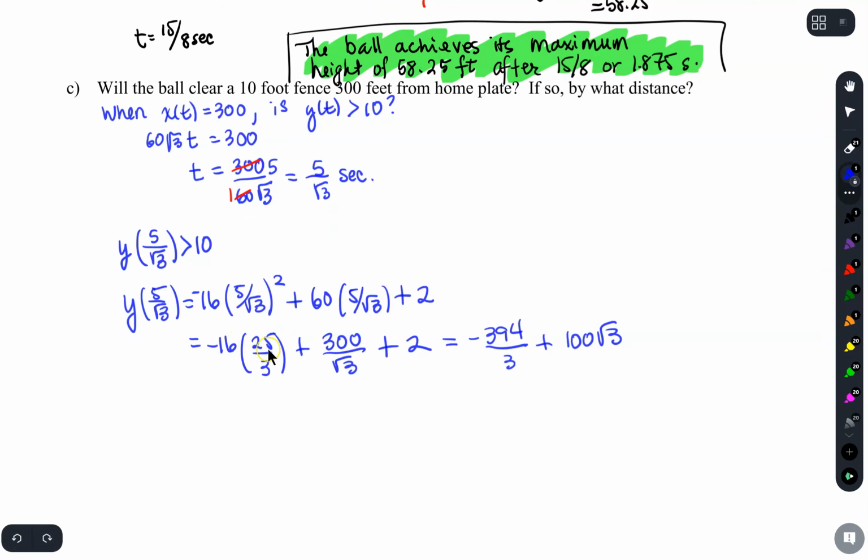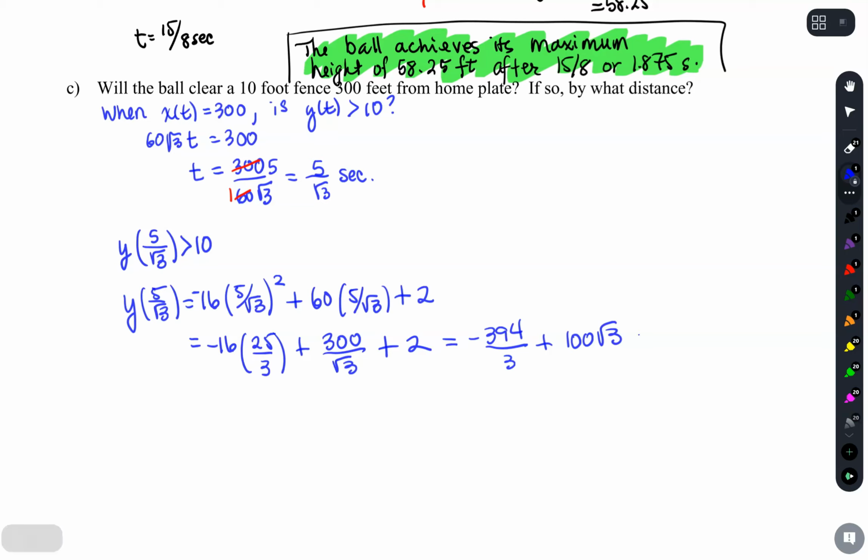So if we combine like terms, this negative 16 times 25 thirds and the 2, we get negative 394 over 3 plus 100 times square root of 3. Now, because of this 100 square root of 3, it's not necessarily easy to estimate whether or not this ball cleared the fence.